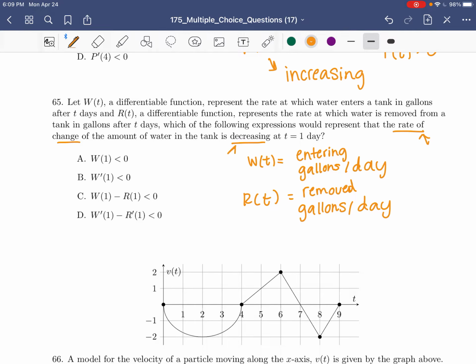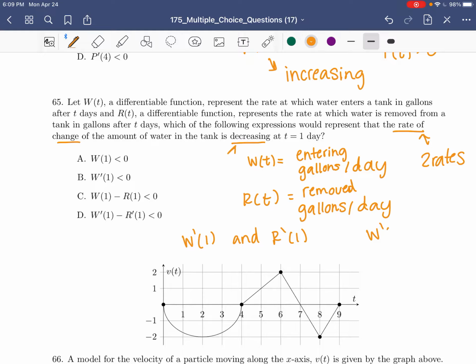So here we have 1 rate, here we have another rate. So really we're looking for 2 rates. Now W of t and R of t are already rates, so we need to take the derivative again. So really we should be dealing with W prime of 1 and R prime of 1.